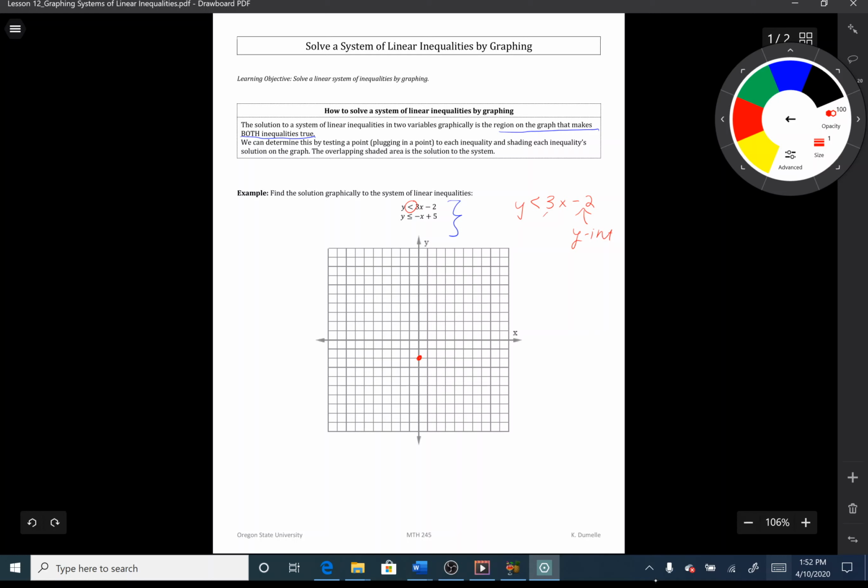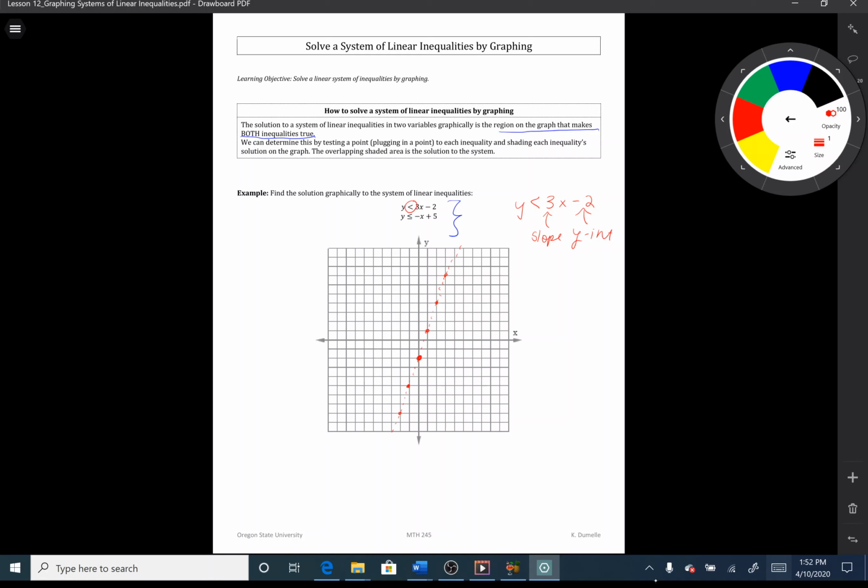And I have a slope of 3. So I have something like this. And remember, I have a dotted line. So this will look something like this. It's dotted since I cannot equal the points on this line.